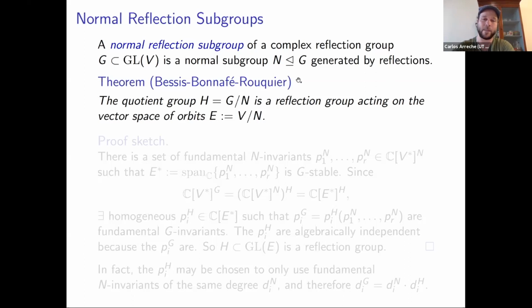So the first fact about what happens when you have a normal reflection subgroup sitting inside of a reflection group is that one can force a quotient to again be a reflection group, but now acting on the space of orbits, which in this situation happens to be again a vector space.